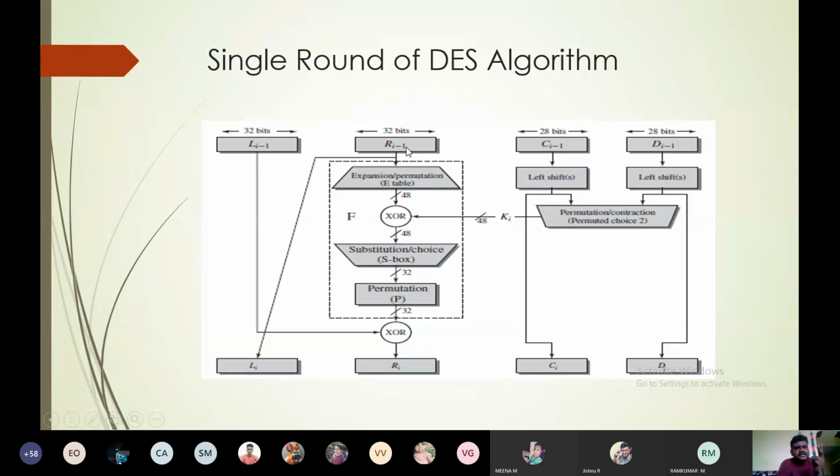The same data is used in the initial step itself, where I take R(i-1) as it is. So R(i-1) is duplicated as L(i), and the same R(i-1) data goes through these operations to give the R(i) output. Clear? And the remaining part, C(i) and D(i), comes out here.